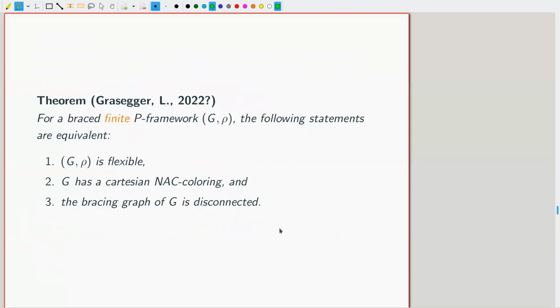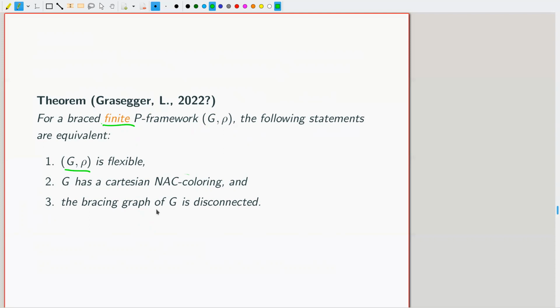So you should not be surprised if I tell you the theorem. We can prove, or we did prove, and we can prove more. The first was for finite P frameworks: it's equivalent that the framework is flexible. So now it's really this particular parallelogram framework, if and only if there exists a Cartesian NAC-coloring, if and only if the bracing graph is disconnected. And from the bracing graph, you can really see what kind of NAC-colorings you can construct, I mean the Cartesian ones, and the other way around.